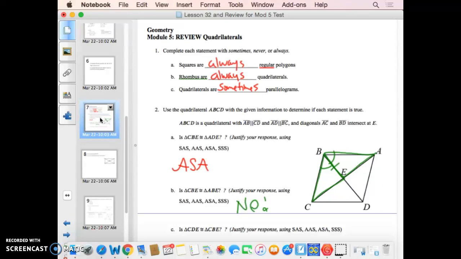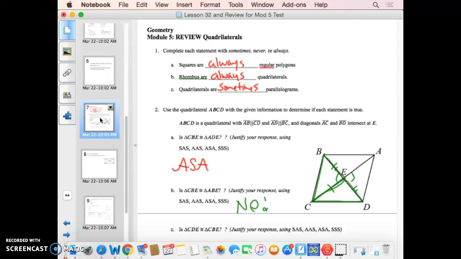All right, and then the last one is CDE and CBE. Okay. Again, I know that this angle and this angle are congruent, but that's not helping me out. I know these sides are congruent, and I know these sides are congruent, but I don't have an angle.